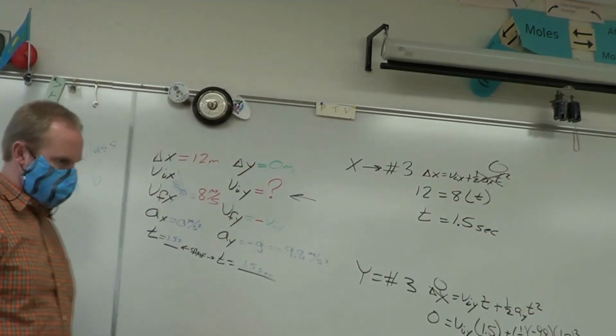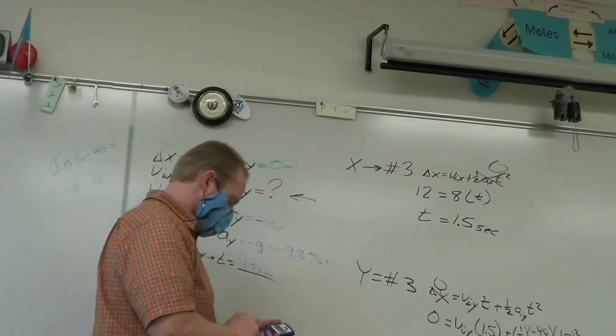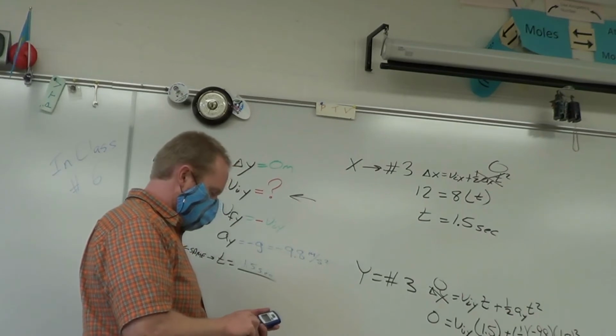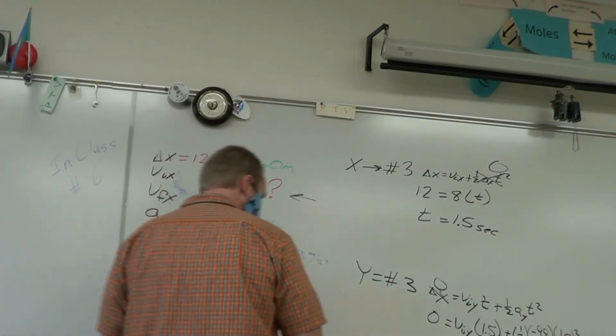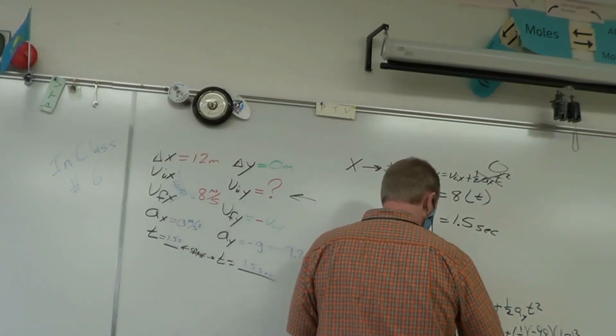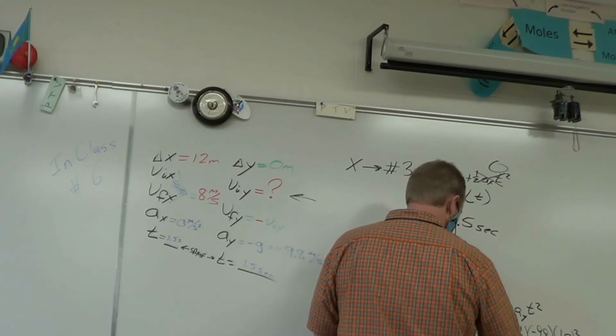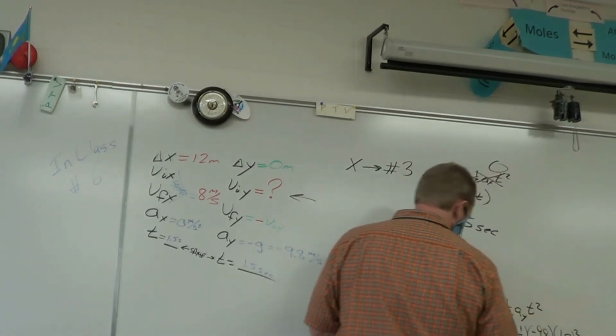Then when we set this up, or solve, I should say, we get 0 is equal to VIY times 1.5 minus 11.025.